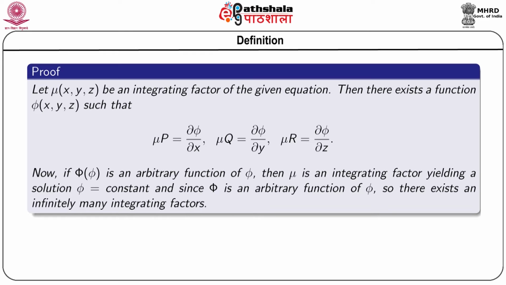Now think z is not a constant. If we take z as a variable, then ∂phi/∂x dx + ∂phi/∂y dy + ∂phi/∂z dz can be written as d phi, and the rest is written in this form: psi dz = 0, where psi is the function mu R − ∂phi/∂z.